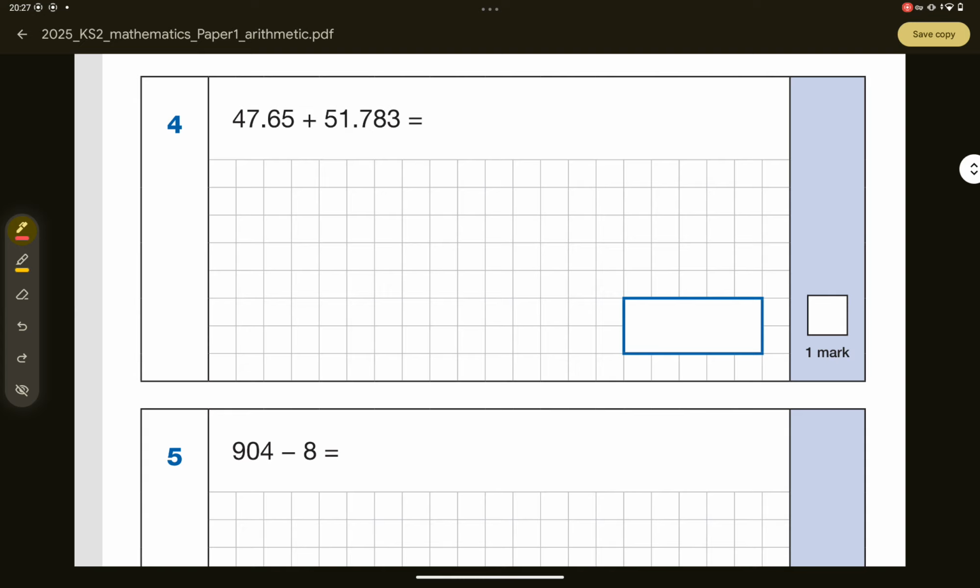47.65 plus 51.783. Once again, you can do the column method, which is this. I'm sorry for my messy handwriting.